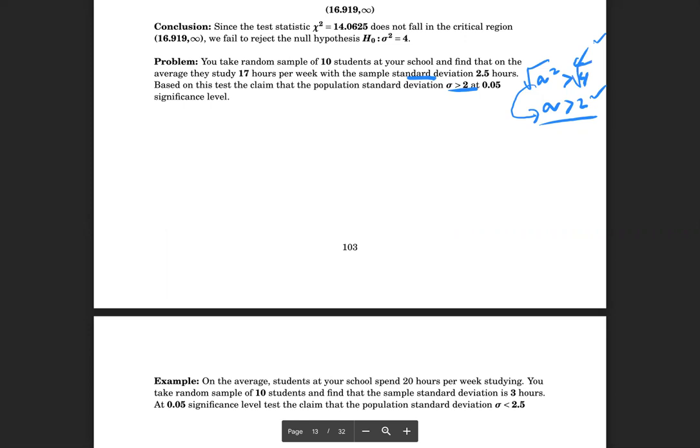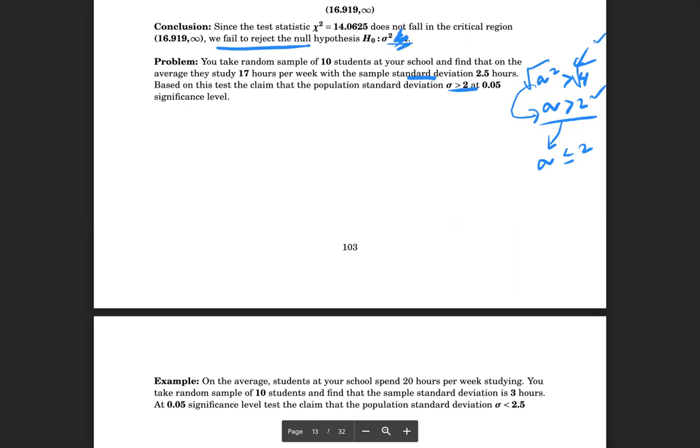Since we fail to reject, the critical region, sigma square is greater than or equal to 4, right? So we are not going to reject sigma greater than 2. We are not going to be rejecting the null associated with it, which is sigma less than or equal to 2.